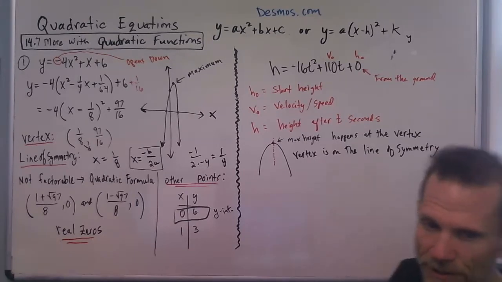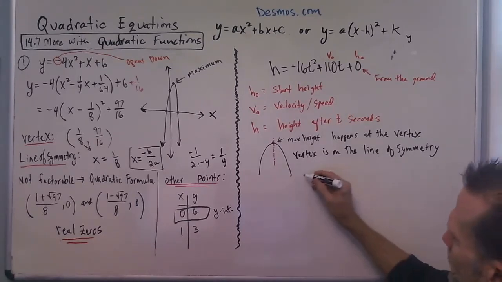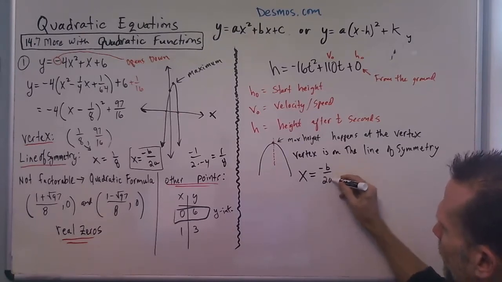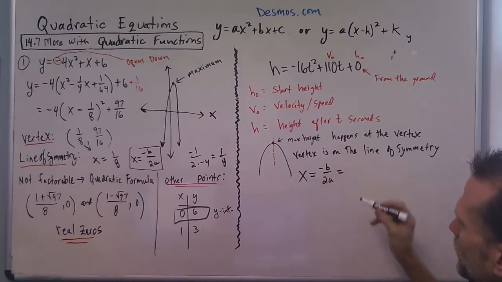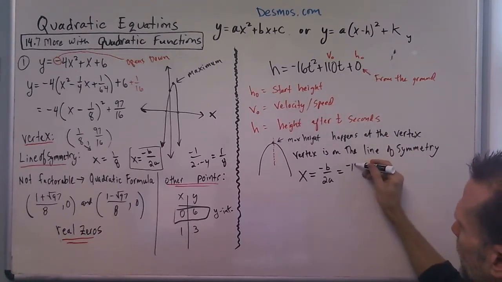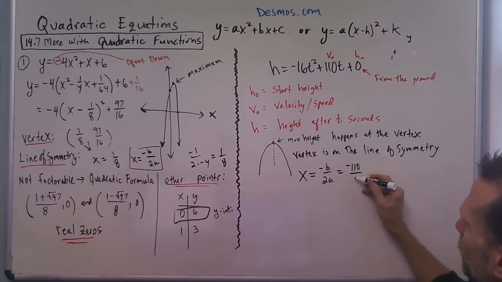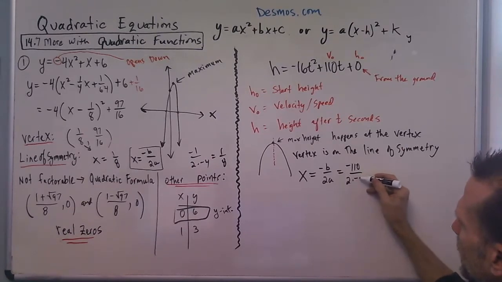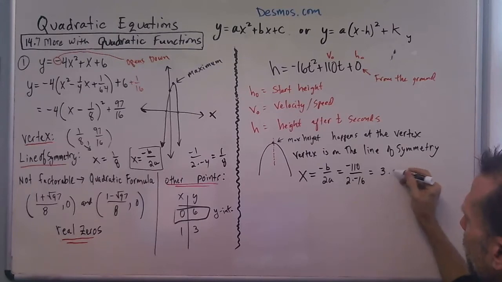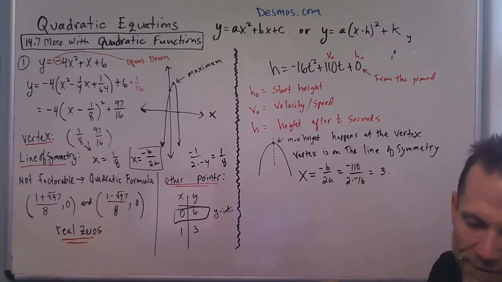So what I can do here is find x equals negative b over 2a for our line of symmetry. And that's pretty easy to do if you take negative 110 over 2 times negative 16, we get 3.125, if I remember right.